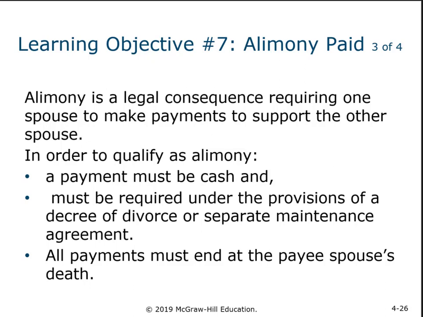It would not qualify under this alimony provision. And the payments have to end at the payee spouse's death. So it has to end with the death of the spouse. Otherwise, it's not alimony. So if you don't put that provision into the agreement, it's not alimony.